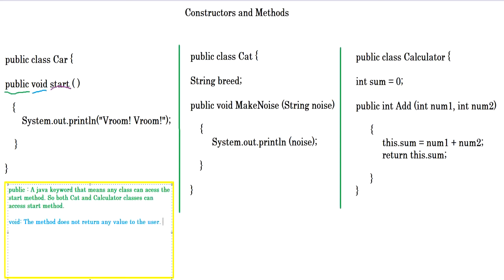So in the next two cases we're going to see methods which return, for example, integers, or which return strings. But in terms of the car class's start method, start is not going to return anything back to the user. That's why we've written void. And the method name here is start.